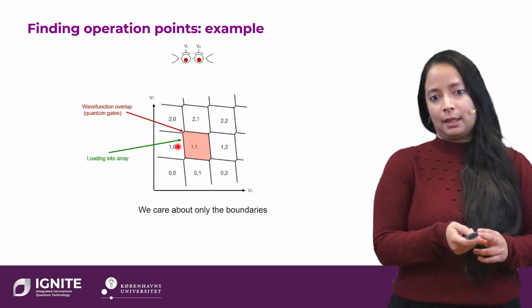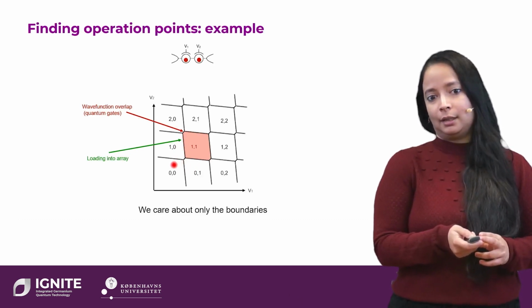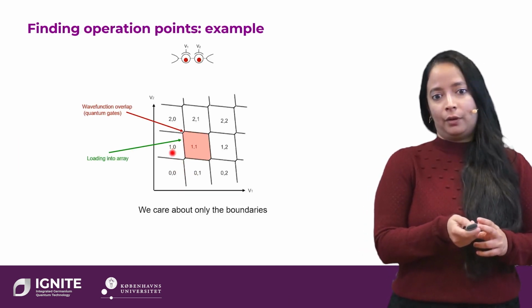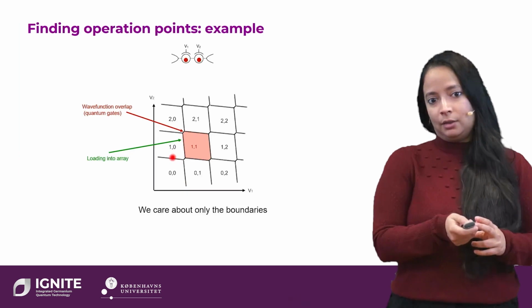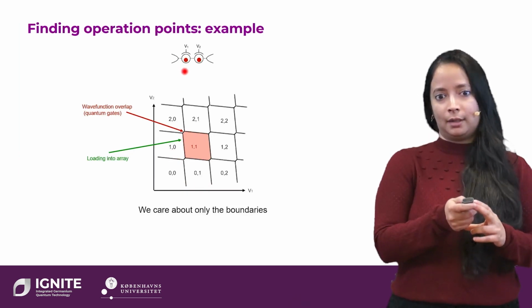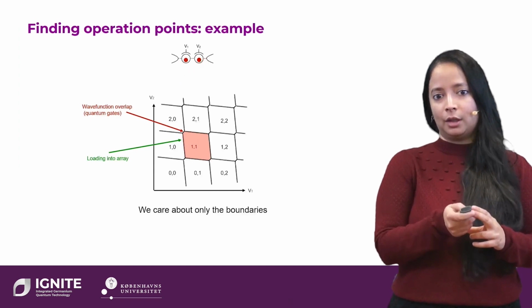And these interdot transition lines, as we saw before, are special because they are where you go from the 1,0 state to the 0,1 state. For example, this means you are moving an electron from one quantum dot to the other quantum dot.